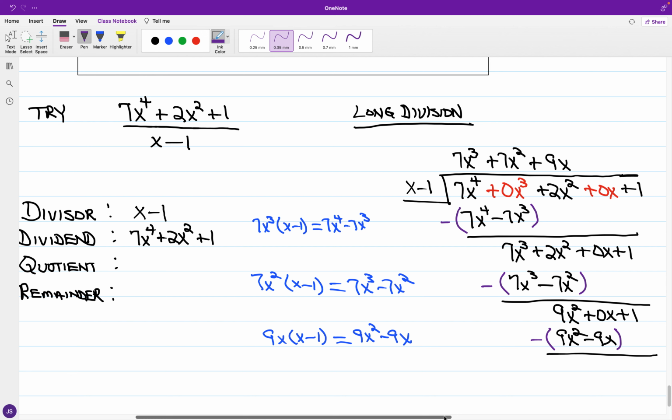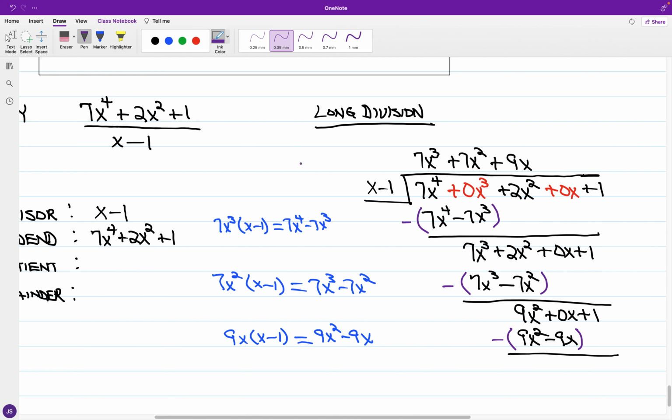And distributing subtraction once again. So 9x squared terms will go out, and 0 minus negative 9x translates to adding. Now we have x into 9x. So this will go 9 times.